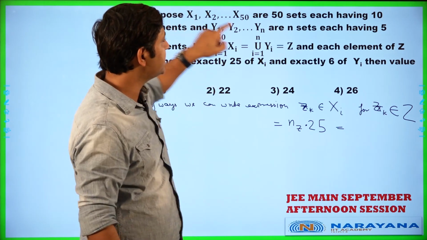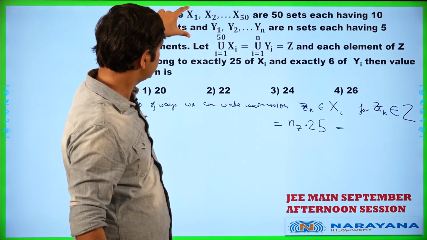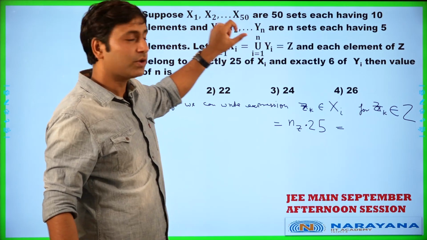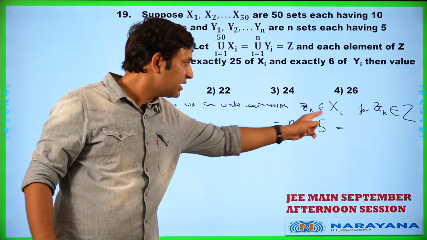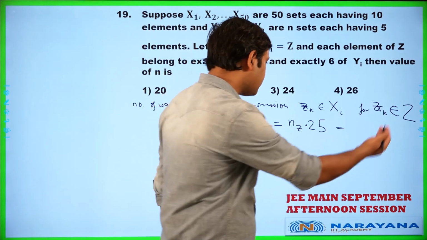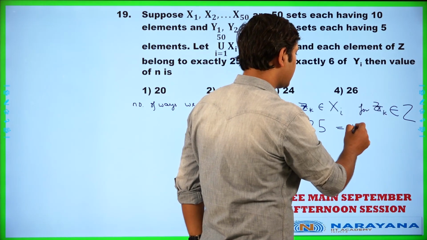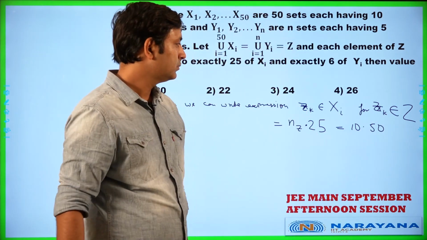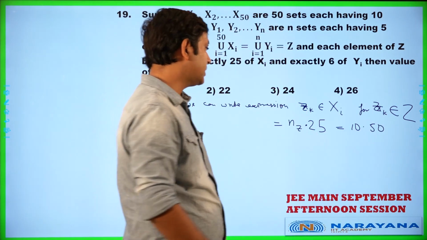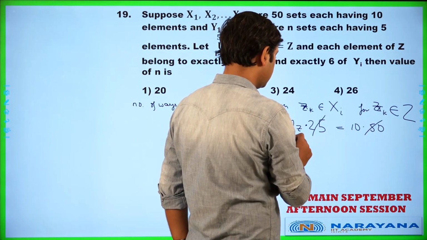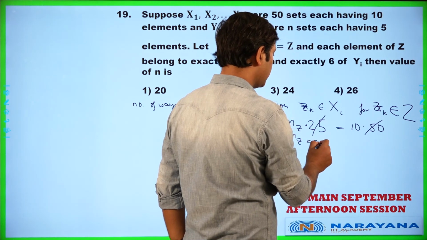It has 10 elements, so we can write it in 10 ways. For X2 also we can write that expression in 10 ways, and so on. So for each set we can write it in 10 ways, and the number of expressions we get is 10 into 50. We'll actually get nz is equal to 20.